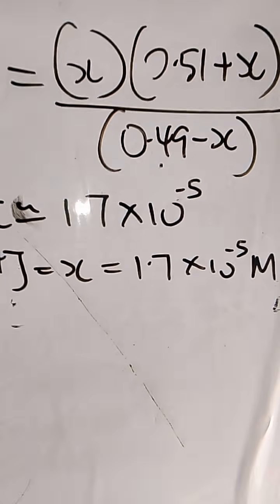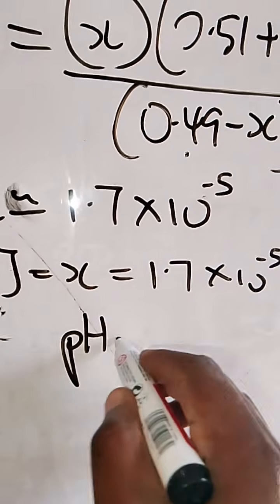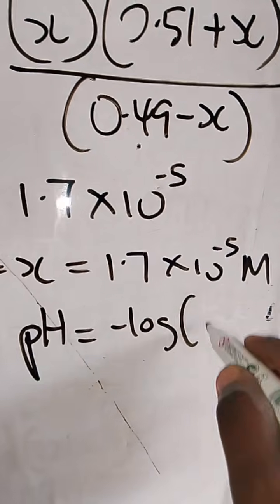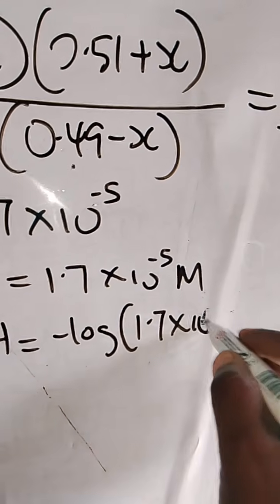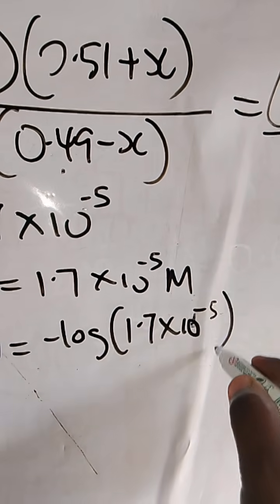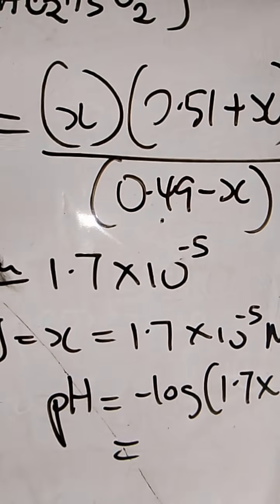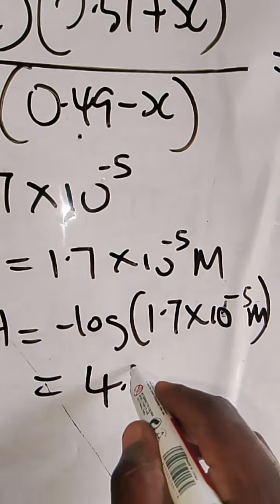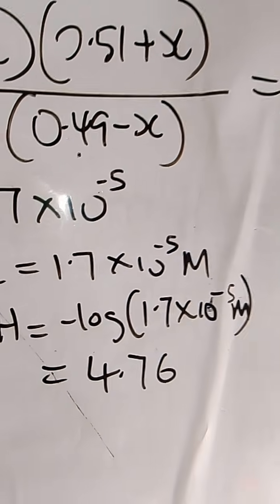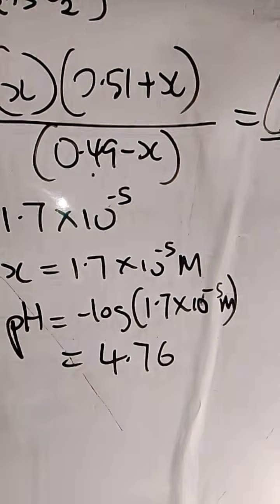Then pH in this case is equal to negative log of 1.7 times 10 to the power negative 5 molar, which will give us 4.76.